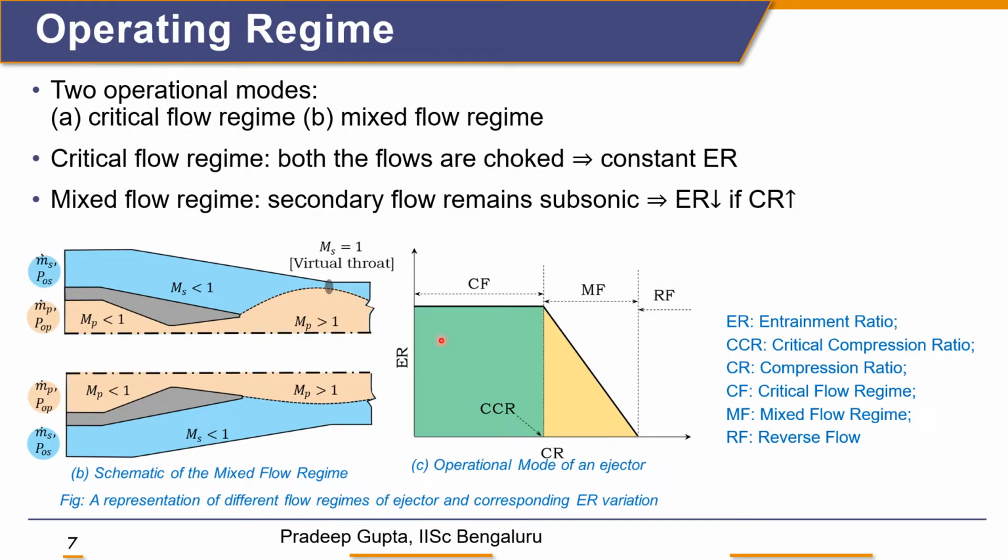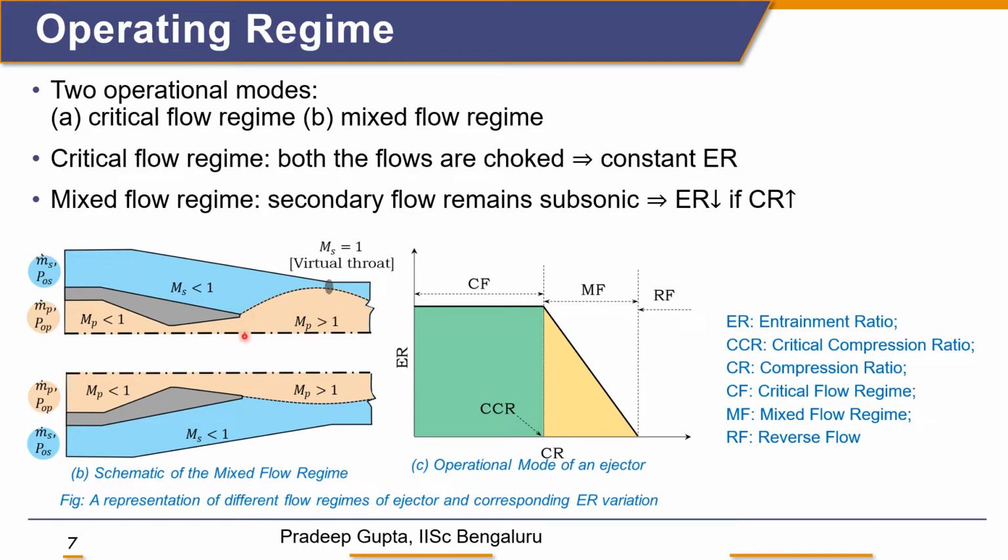As I mentioned, there are two operating regions: one is the critical flow region and one is the mixed flow region. These are schematics of the different flow regions. We can see the blue line is the secondary flow, and the yellow is the primary flow. Primary flow gets choked in the nozzle throat, which produces supersonic velocity for the primary flow at the nozzle exit.